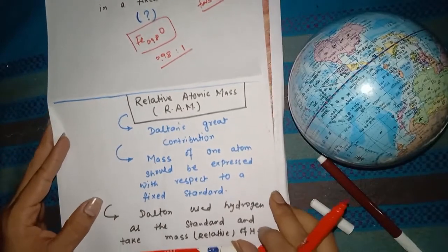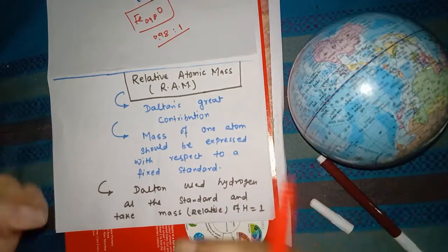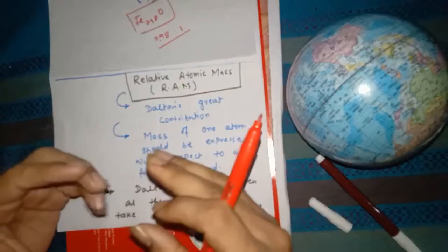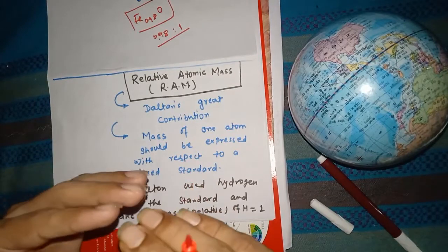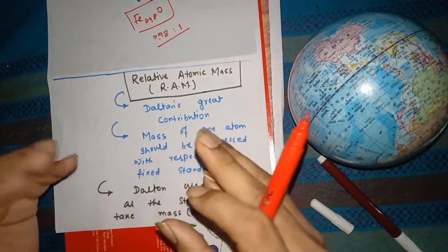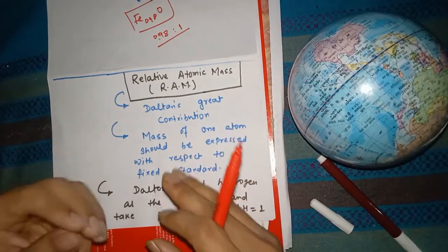So he proposed that hydrogen is used as the standard for mass, and we take the mass of a hydrogen atom as 1 unit, meaning the masses of all atoms are expressed relative to the mass of the hydrogen atom.